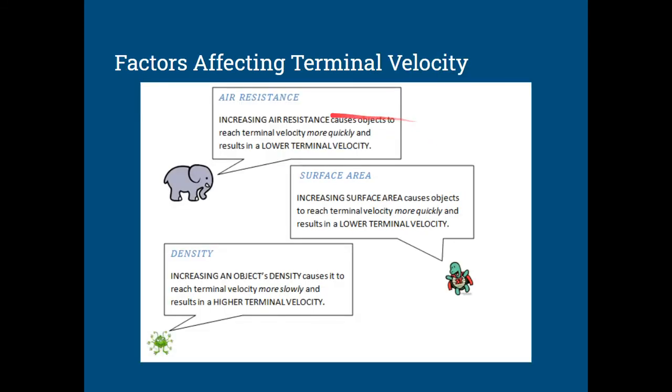Now, if there is air resistance, if you increase the air resistance, this causes the objects to reach terminal velocity more quickly and results in a lower terminal velocity. So if you increase air resistance, you reach terminal velocity fast and the terminal velocity is small.